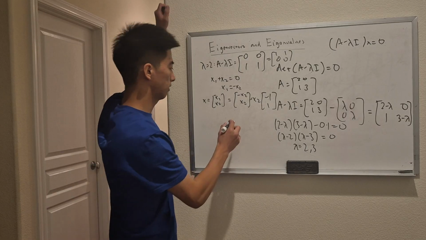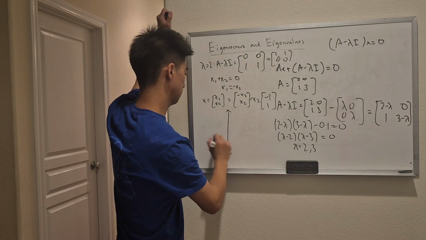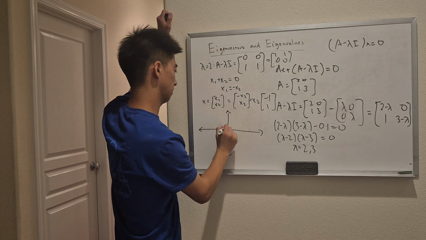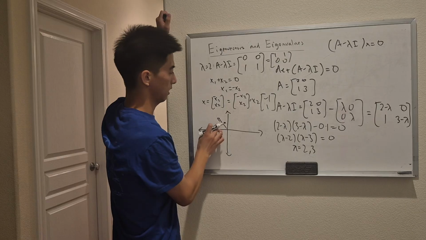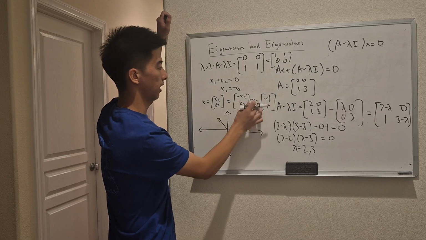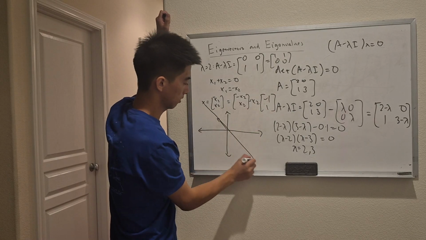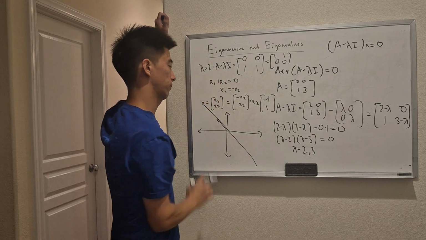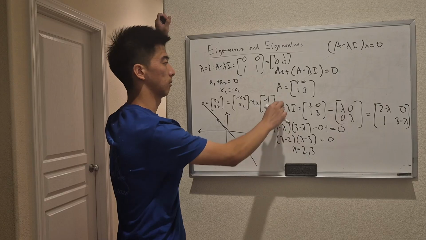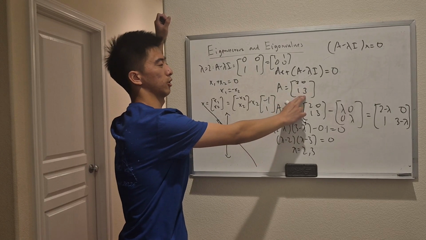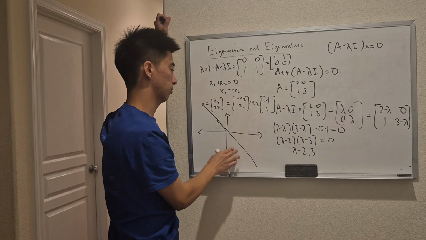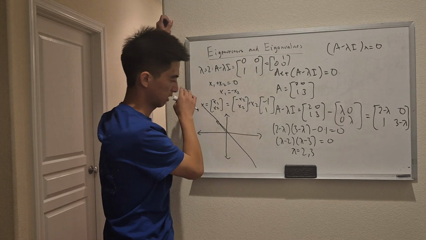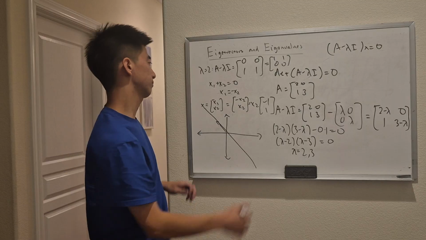And so if you were to graph it, negative 1, 1 looks something like this, right? And so x2 times that means anything along this line will be an eigenvector for lambda equals 2. And so what that means is if you take matrix A here, 2, 0, 1, 3, multiply by any vector along this line, you will always get some vector still on this line.